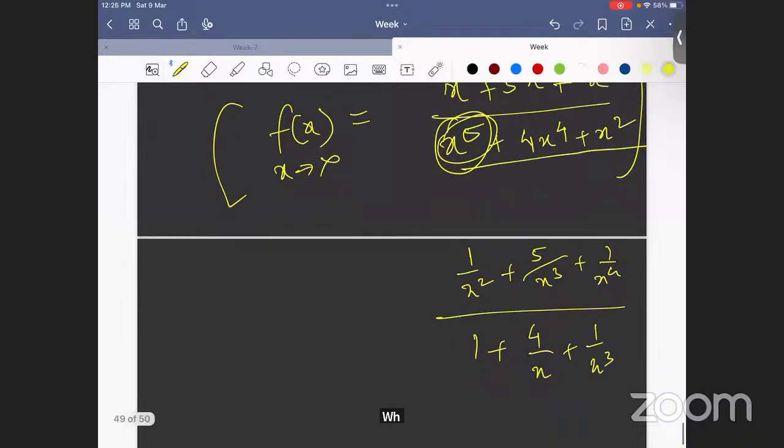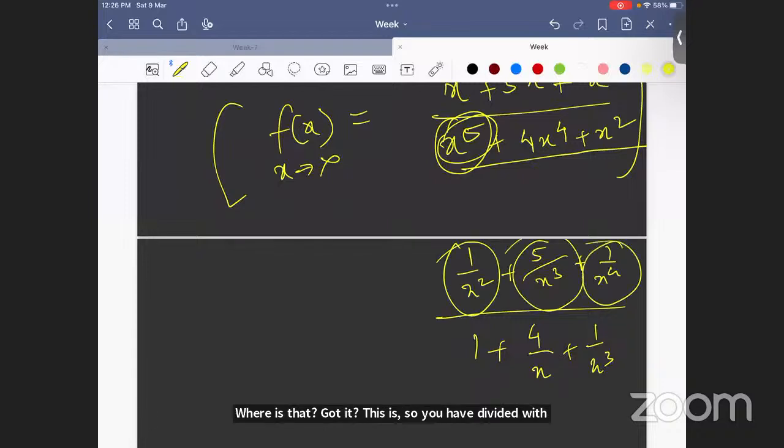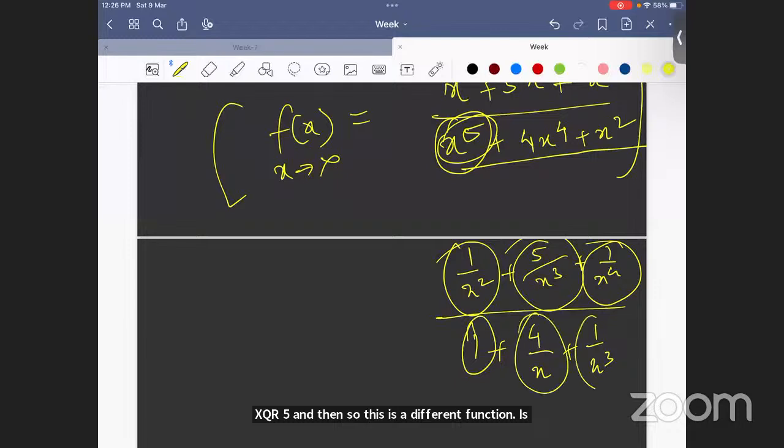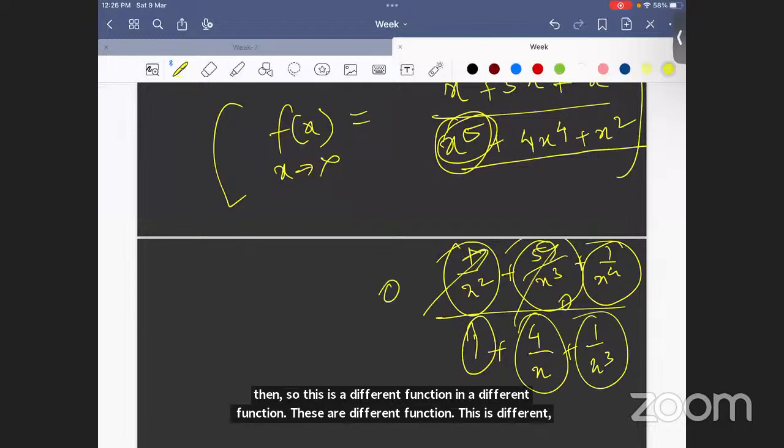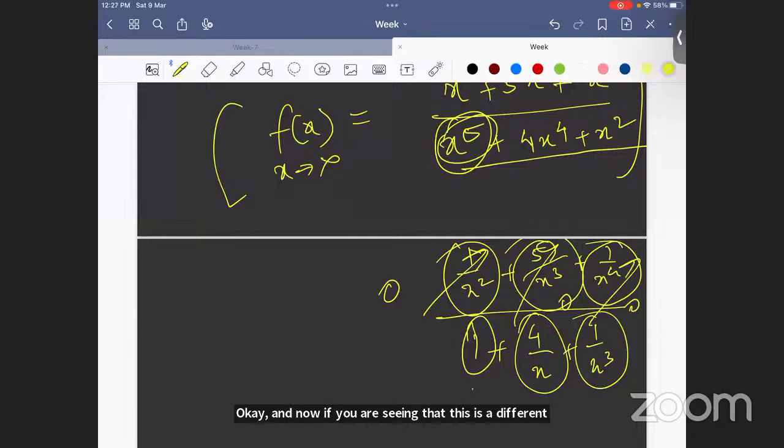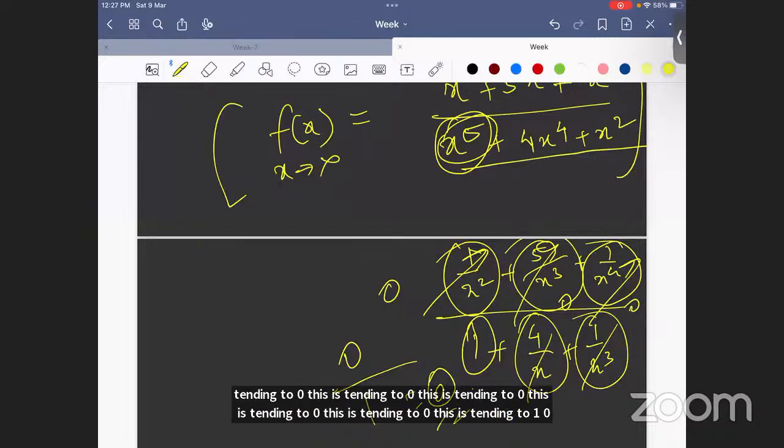Correct? This is the basic approach. Now each of these is a different function, and you see that the top is tending to 0 and the bottom is tending to 1. So 0 upon 1 is 0. Correct? Is this clear? Is this making sense?